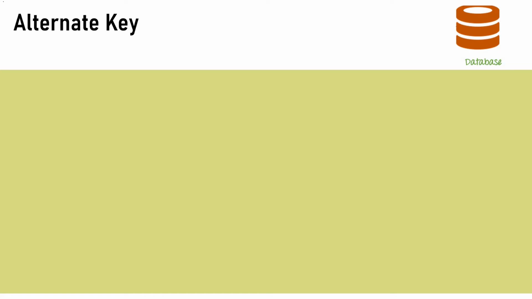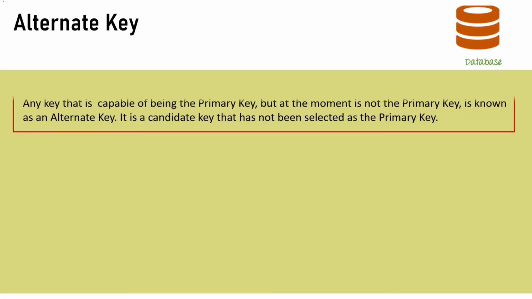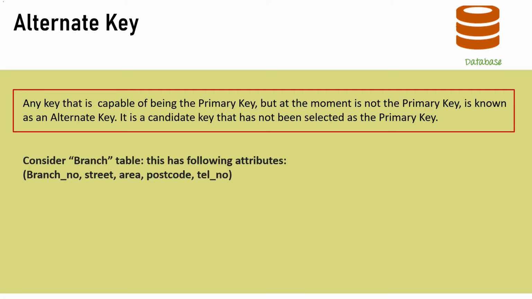Next comes the concept of alternate key. Now, what is an alternate key? The concept of alternate key is very simple. In a table, we can have more than one candidate key, but we are not choosing all candidate keys as the primary key. Like in the branch table, I have chosen only branch number as the primary key, but I have not chosen telephone number as the primary key.